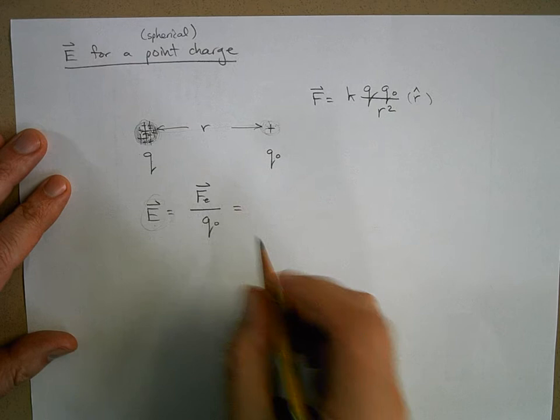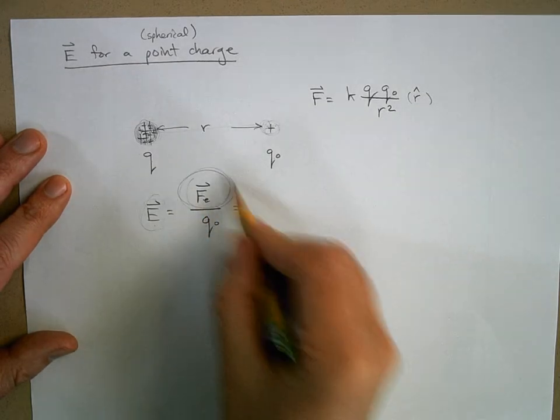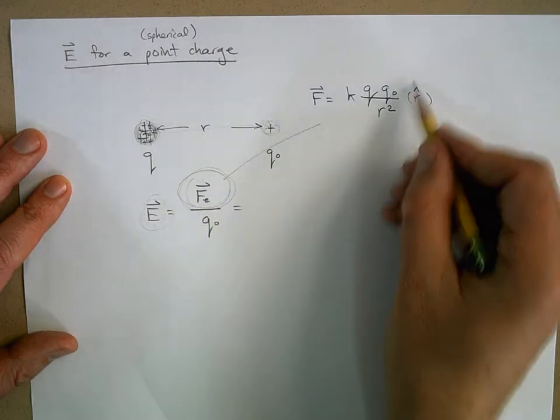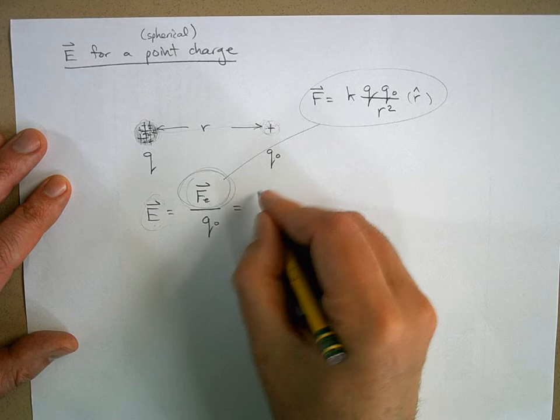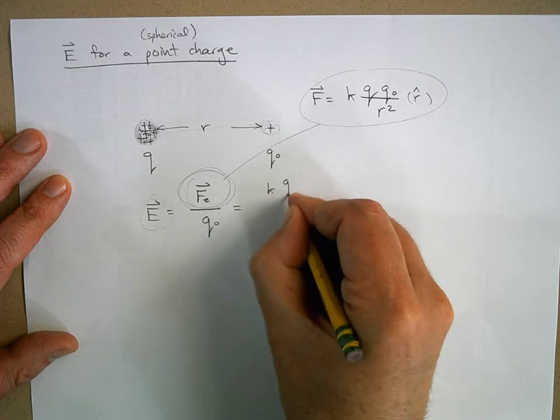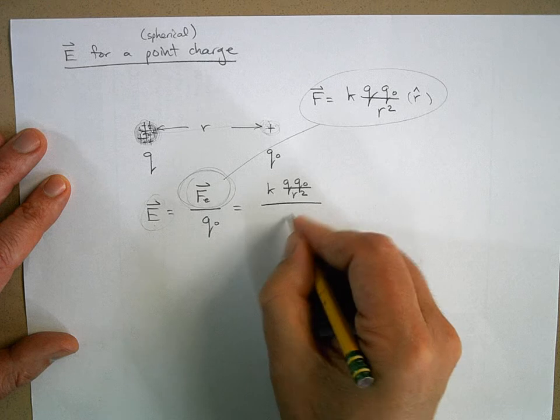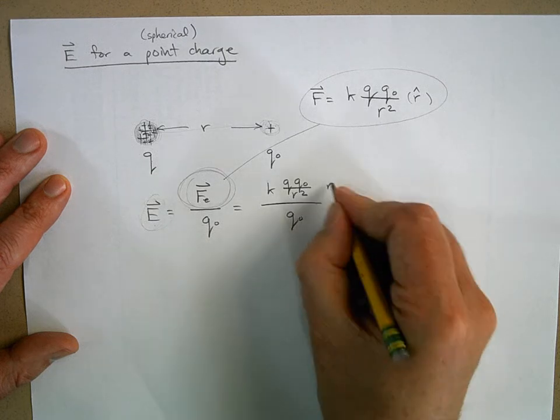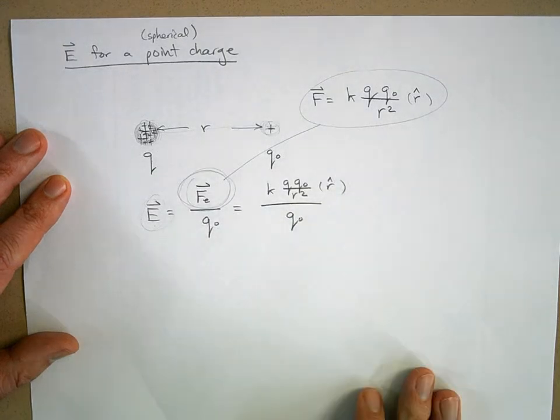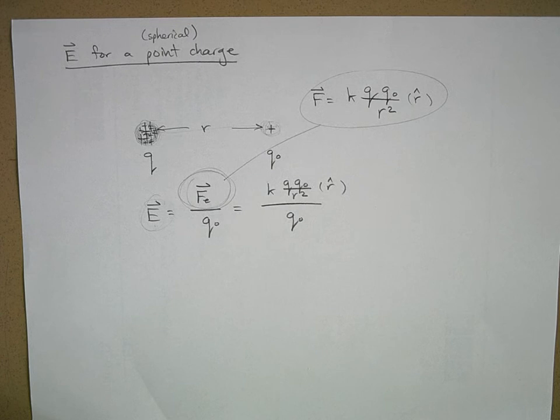Well, we have an equation now for the electric force. That's Coulomb's law. So this is going to be k Q Q naught over r squared divided by Q naught in the r hat direction. Anything cancel out? What cancels out?